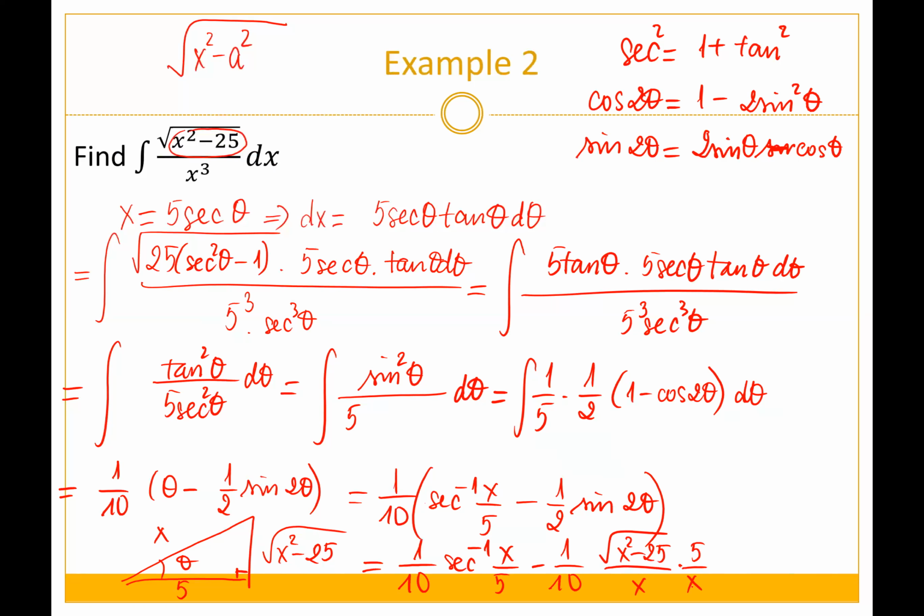And so this part is just going to be 1/10 inverse secant x over 5 minus 1/2 square root of x squared minus 25 over 2x squared. And this is my final answer for this problem.